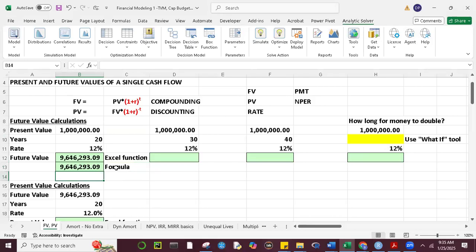We're not talking about whether you're loaning 1 million or you're investing 1 million. What we're talking about is how much is the equivalent value of 1 million after 20 years. And the equivalent value is around 9.6 million. Is that clear, class?